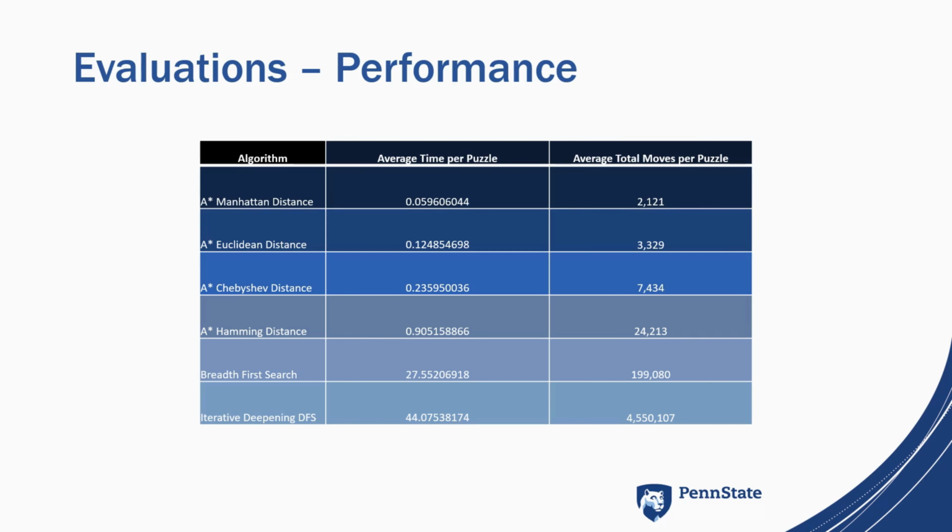Hamming distance was the least efficient among the informed searches, and IDDFS was the slowest, requiring the most moves. BFS was not time efficient, but was reasonably space efficient for an uninformed algorithm.